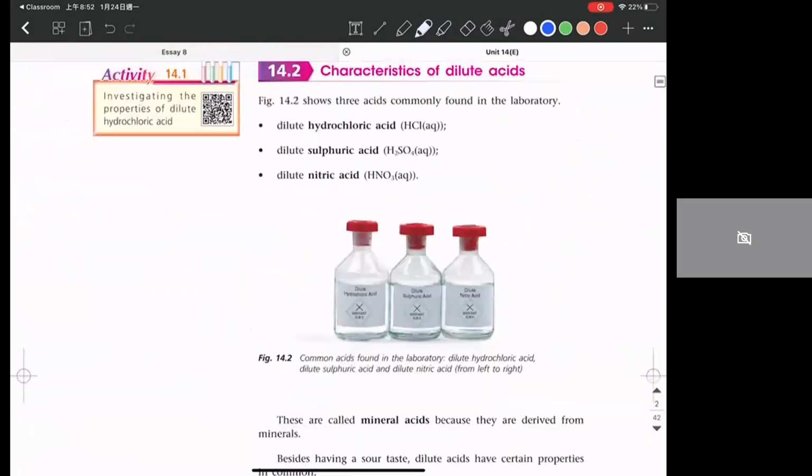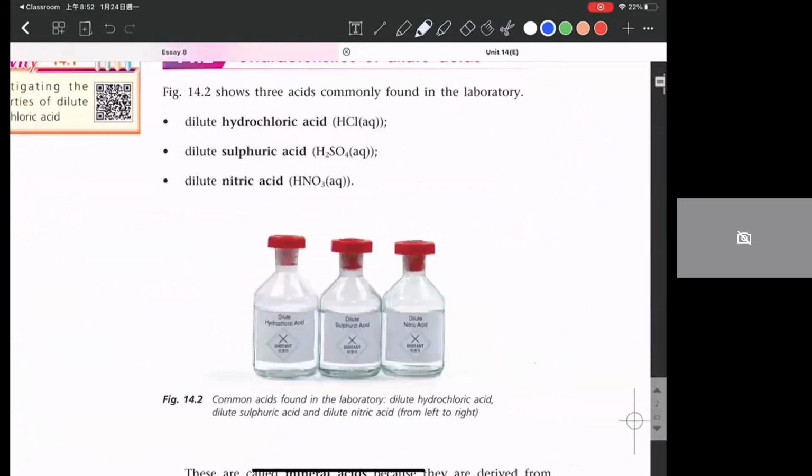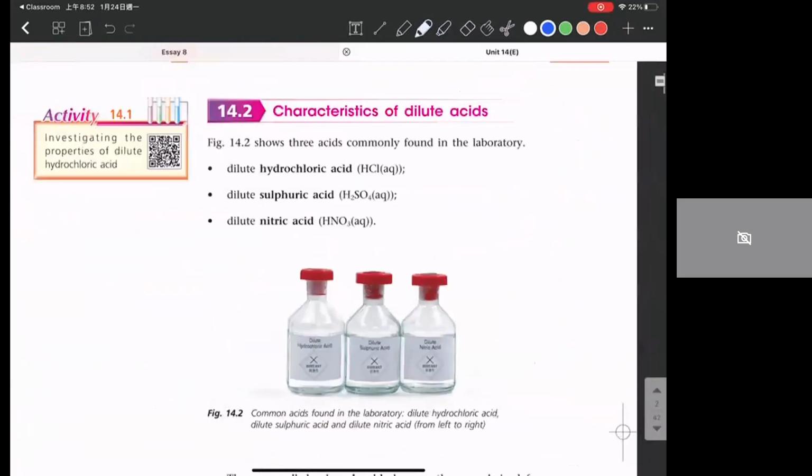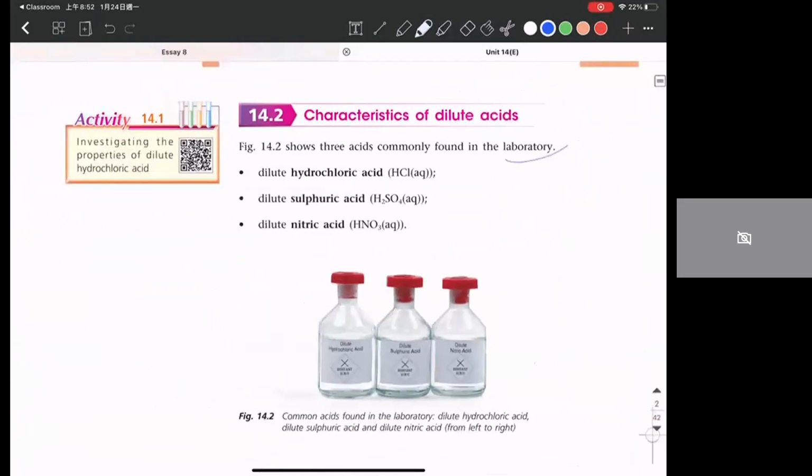Also, we come to the characteristics of dilute acid. So indeed, in the lab, you may have the commonly found acids, just like HCl, H2SO4, and HNO3. Those three, we will call bench acids because they are quite commonly used. 鹽酸、硫酸、硝酸.